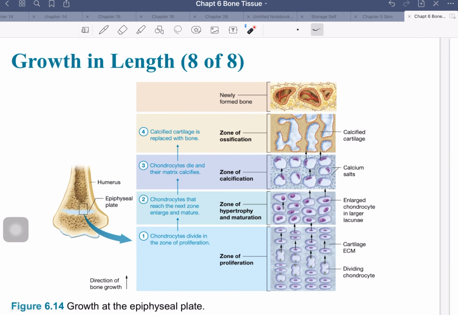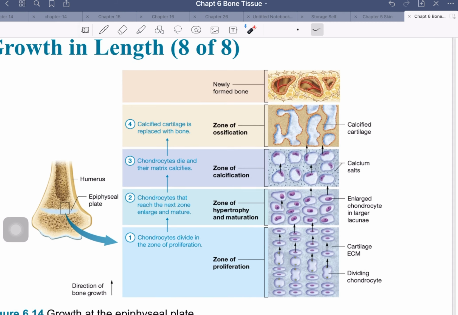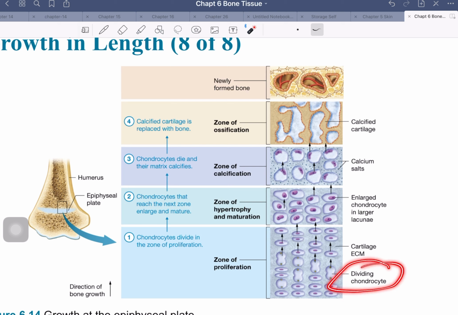And once again, we can just see an overview here. In the zone of proliferation, I have dividing chondrocytes. I have the matrix in the extracellular matrix. As I move into the zone of hypertrophy and maturation, I have elongated chondrocytes and larger lacunae. And then the material moves up.